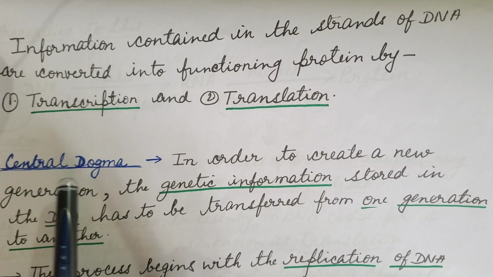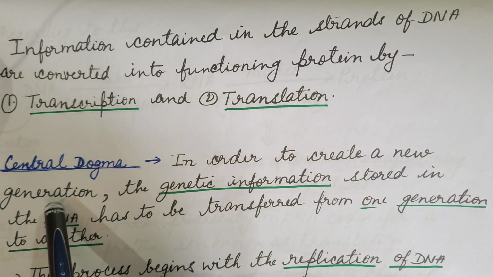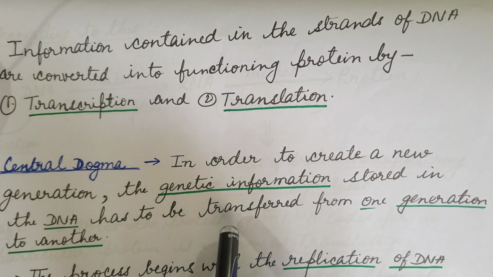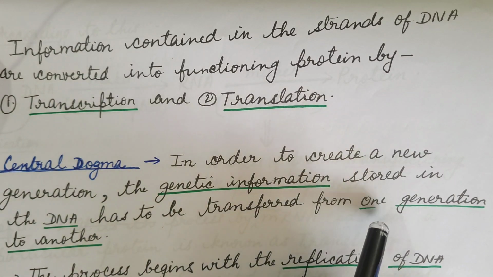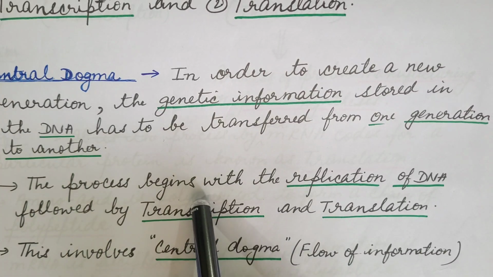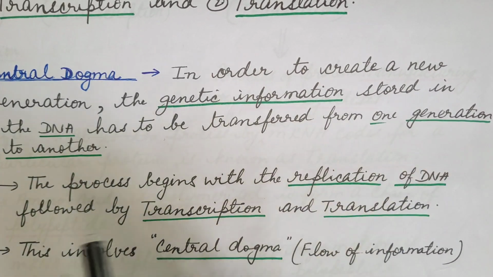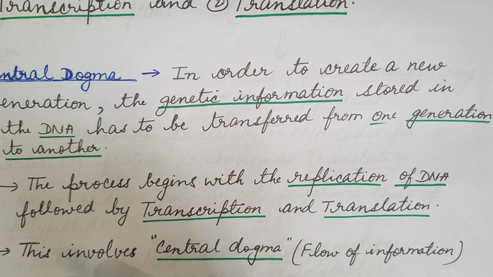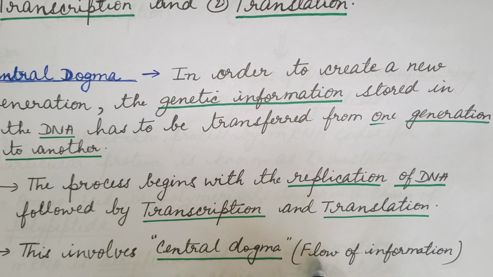Now the central dogma. In order to create a new generation, the genetic information stored in the DNA has to be transferred from one generation to another. The process begins with the replication of DNA followed by transcription and translation. This involves central dogma, that is flow of information.